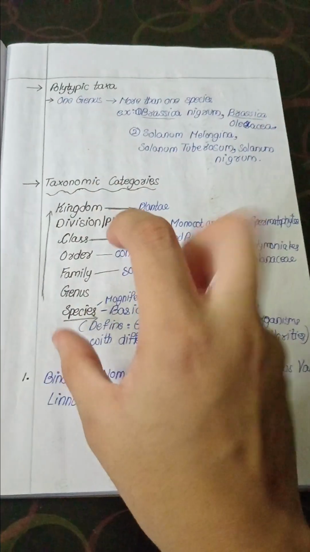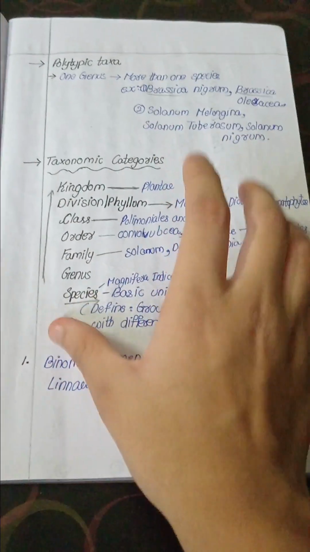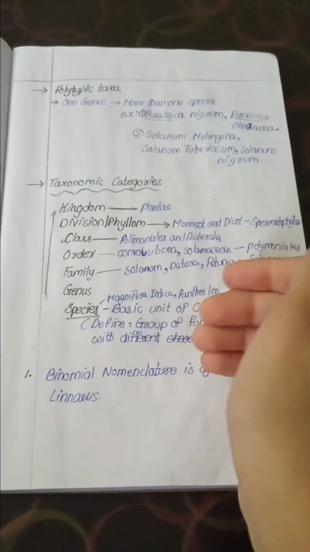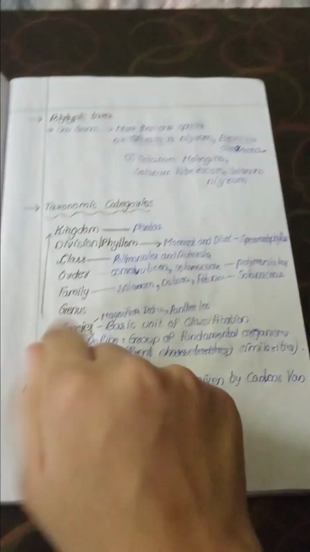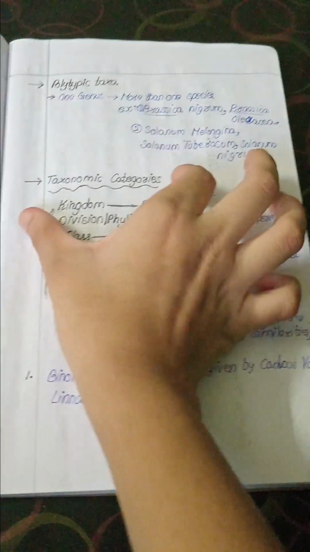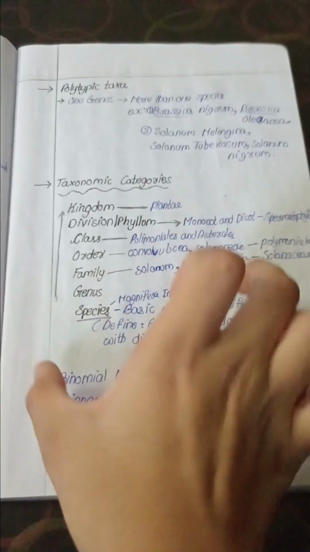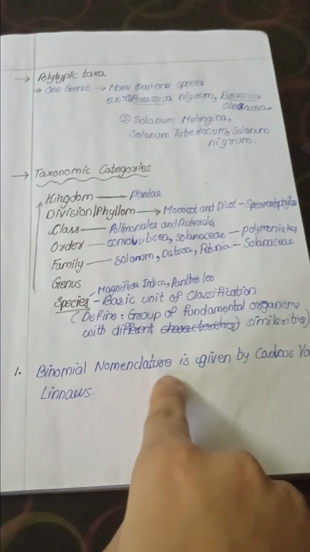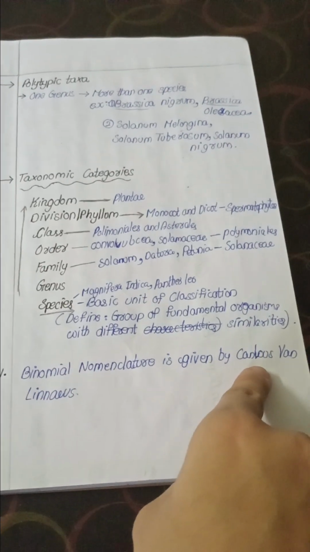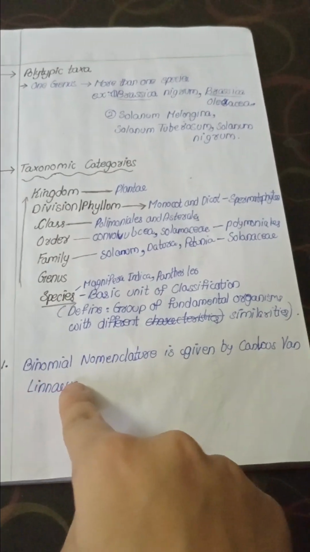So if they ask in an objective question what is the basic unit of taxonomic categories, then the answer is species. Binomial nomenclature is given by Carolus Linnaeus.